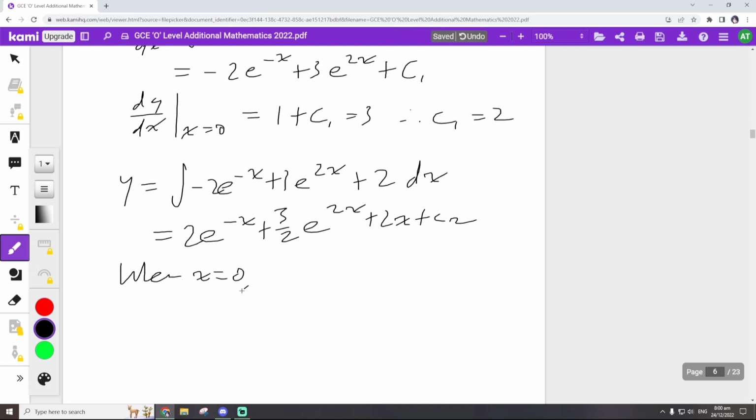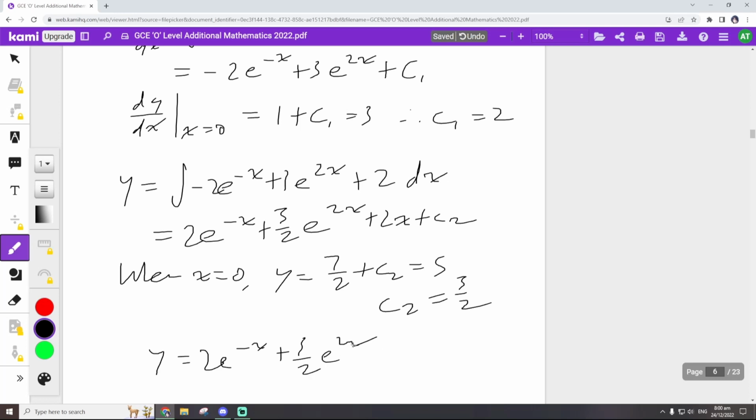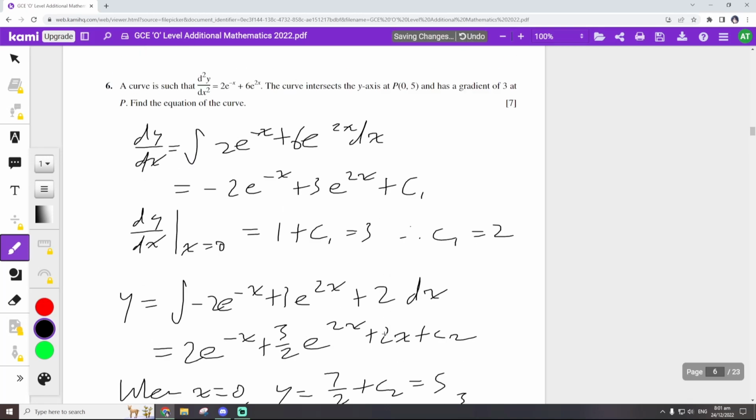When x equals 0, what is y? Well, you'll get 7 over 2 plus c2, and this is 5, so c2 is therefore 3 over 2. So your equation of the curve is y equals 2e^(-x) plus 3 over 2 e^(2x) plus 2x plus 3 over 2. I actually think it's a pretty simple question.